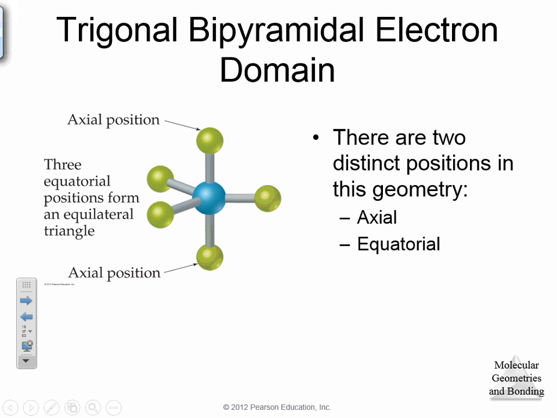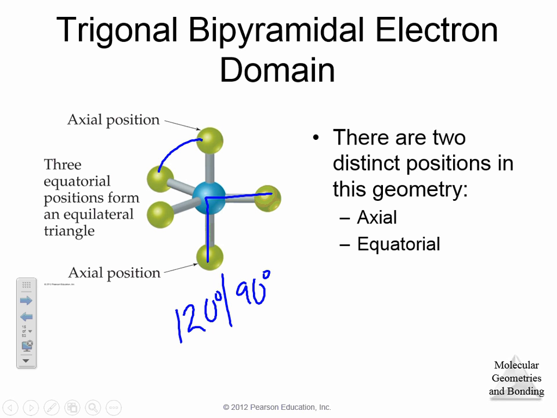Now if we go to 5 domains, we're going to start talking about trigonal bipyramidal. And trigonal bipyramidal, rather than having a single defined angle, has 2 angles. You can see the 2 angles that are going to exist. You have one here and you have one here. The bond angles with trigonal bipyramidal are 120 and 90 degrees.